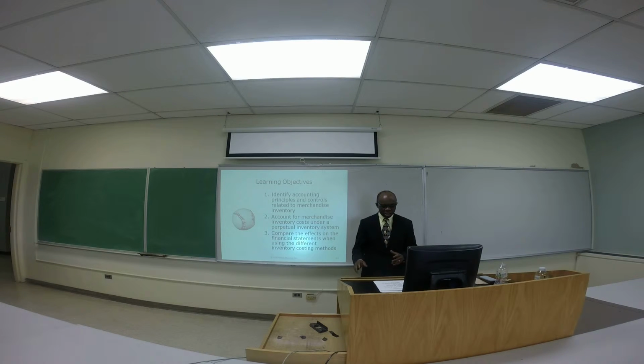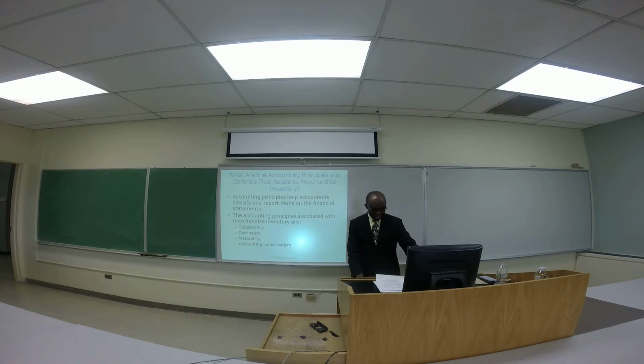So that is basically the overview of the chapter. Now, moving along, let's take a look at the first objective. Again, we indicated that we are going to identify some accounting principles. So what are the accounting principles and controls that relate to merchandise inventory?